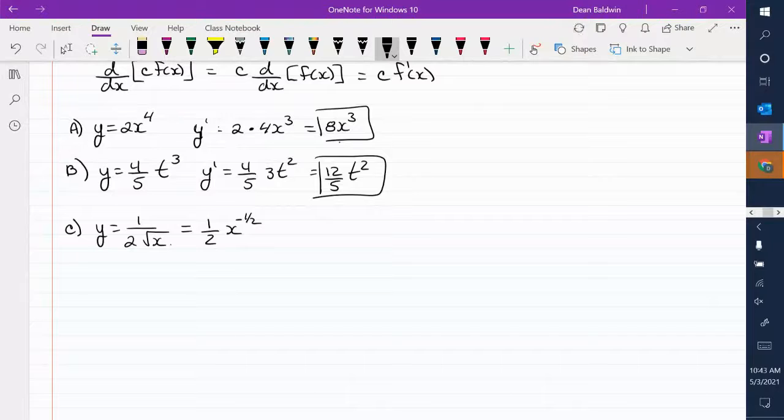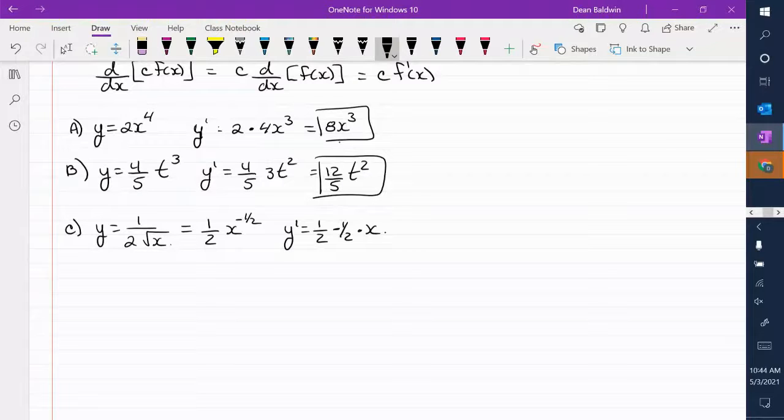And now you do your derivative. So we leave the 1/2, you don't have to worry about the constant. Drop down the negative 1/2. Take 1 away from negative 1/2. What do you get? I heard some mumbling.